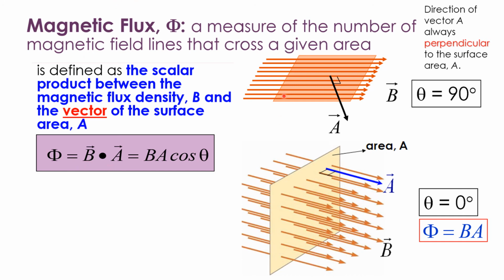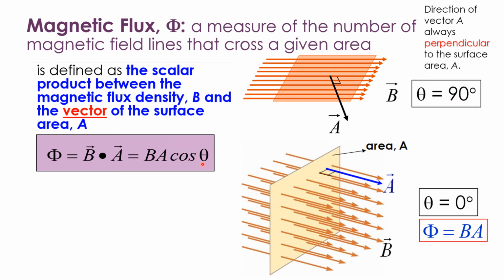In this figure, the plane is parallel to B, the magnetic flux density, and the vector area of this plane is perpendicular to B. So the angle between A and B is 90 degrees.